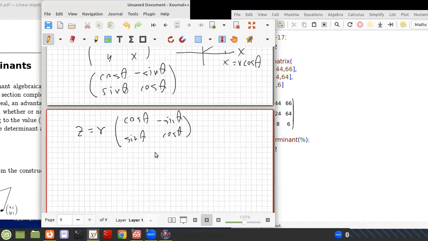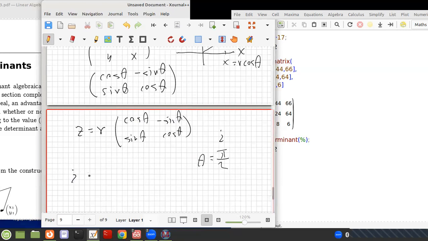Now, one of the things you can ask is, well, what happens if I have the number i here? That corresponds to this being (0, 1, minus 1, 0). Well, that corresponds to theta equals pi over 2, right? And r here is 1.